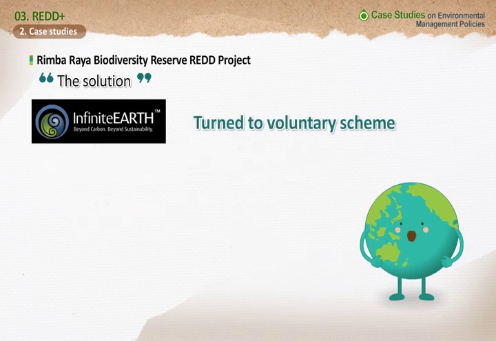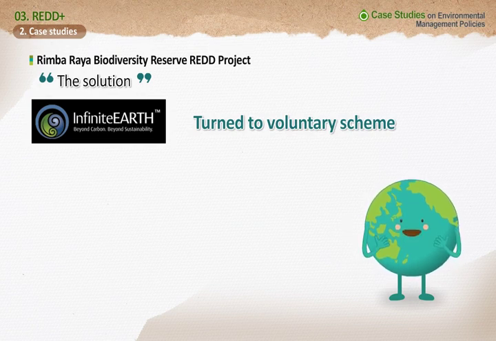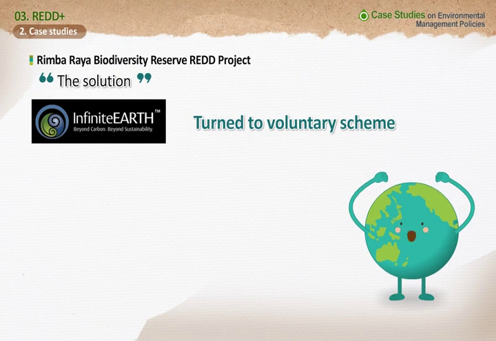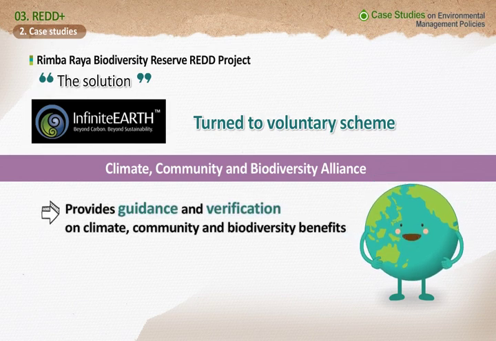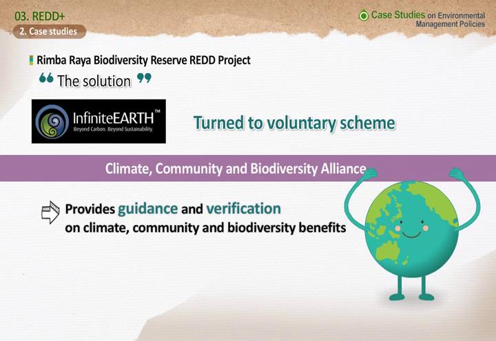For the REDD+ safeguards, Infinite Earth turned to another voluntary scheme that supports REDD+ projects, the Climate, Community, and Biodiversity Alliance. As the title of this scheme suggests, the Climate, Community, and Biodiversity Alliance provides guidance and verification for REDD+ projects, not only on climate, but also on community and biodiversity benefits.